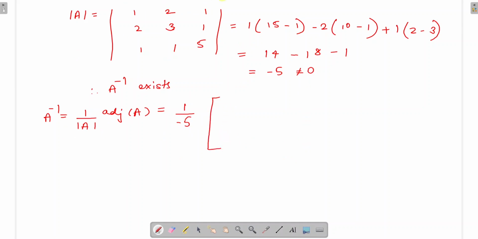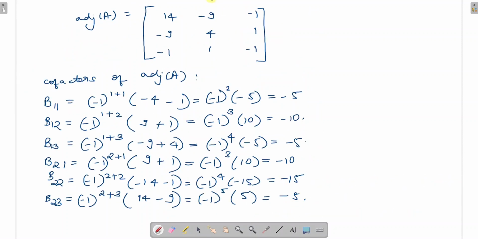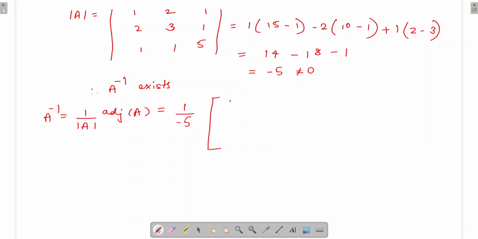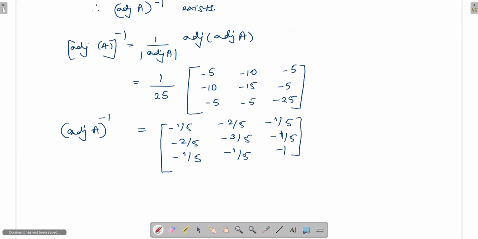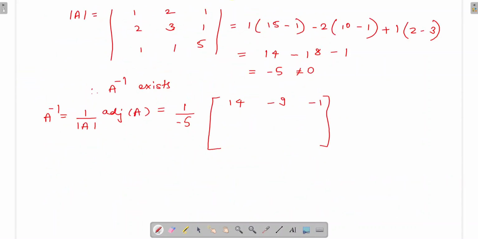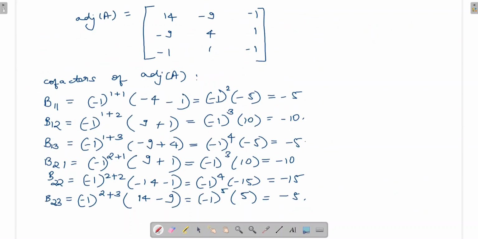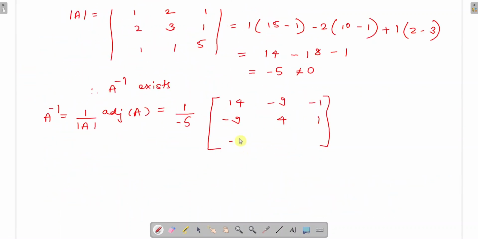Adjoint of A is here: 14, minus 9, minus 1, then minus 9, 4, 1, and then minus 1, 1, minus 1.